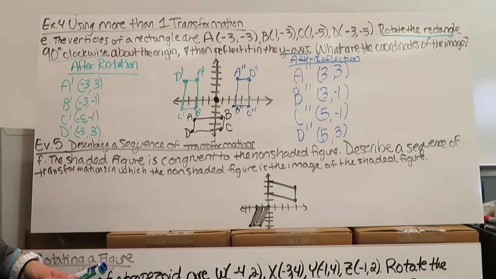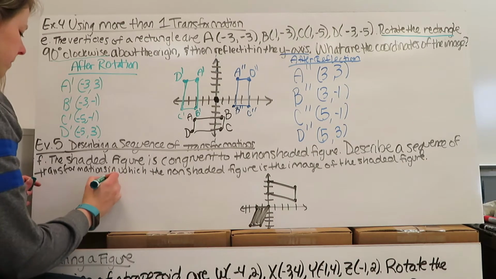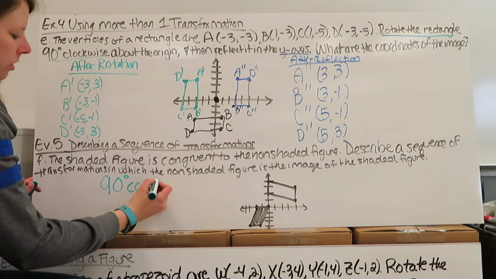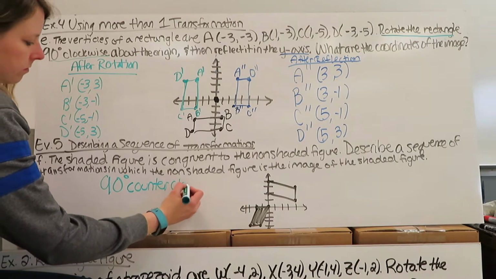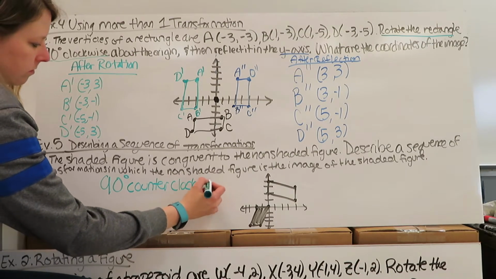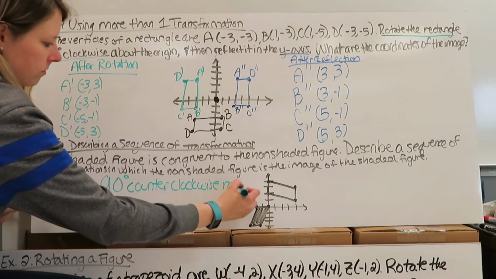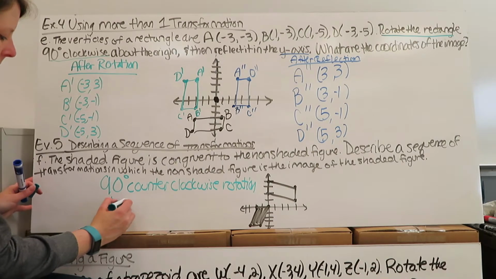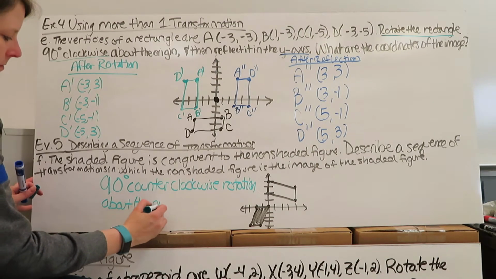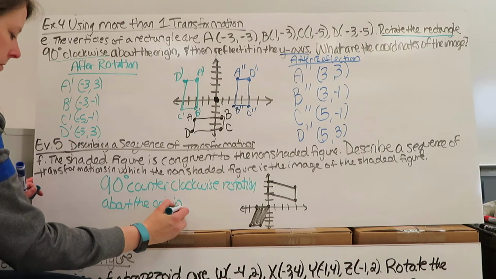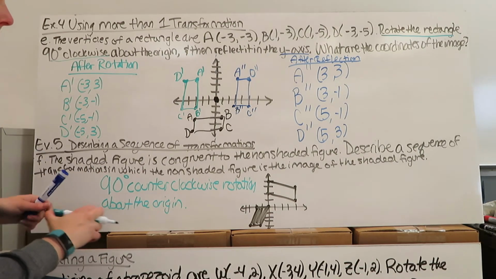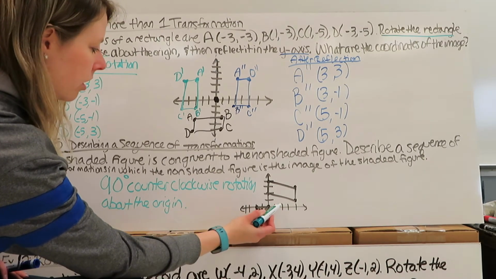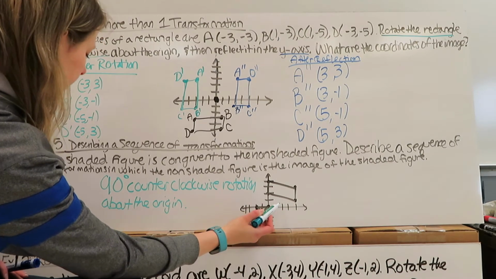This one is going to be a 90-degree counterclockwise rotation about the origin. So that means we are reversing it, 90 degrees counterclockwise.